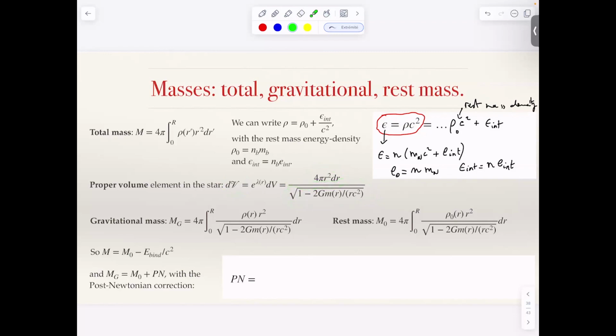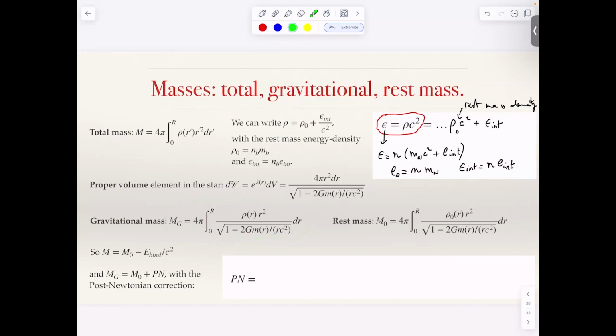Suppose that I would like to determine not the total mass, but the gravitational mass of the system. Then I will have to integrate my energy density rho over this volume. This is what I have written here.